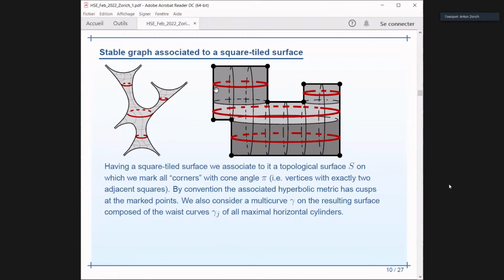My square-tiled surface has a natural decomposition into cylinders. In my picture, the cylinders are expressed by different shades of different intensities. This gray part of the surface is one cylinder.